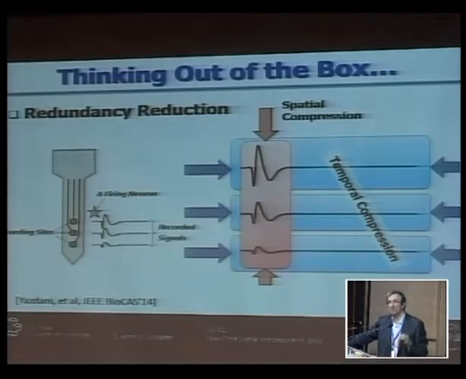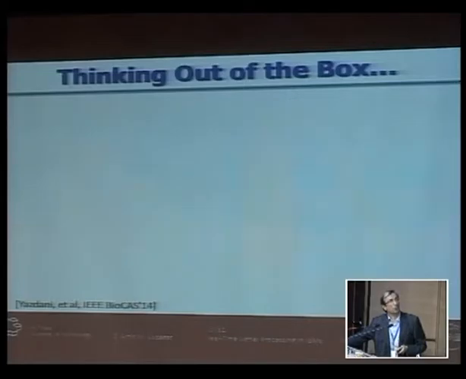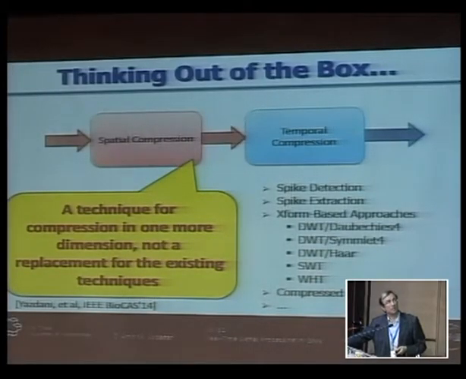And that was because when you're doing neural recording, when a neuron fires, the footprint of this firing will appear on so many channels, maybe more than 3-4 channels. So we have redundant information. And she proposed a whitening transform as a kind of spatial compression in addition to temporal compression.